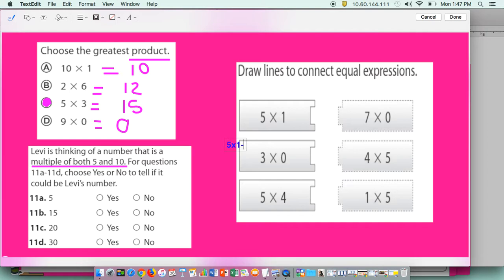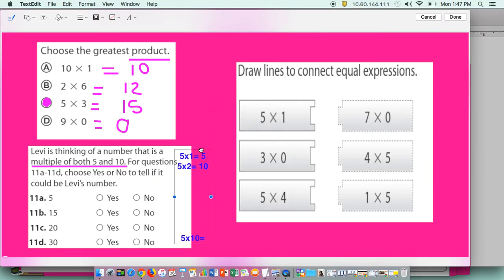5 times 1, 5 times 2, do all the way to 5 times 10. Your answer, your product, is 5, 10. These products are the multiples, okay?